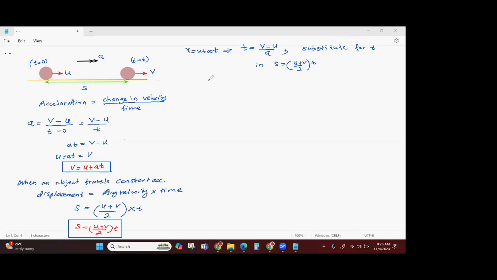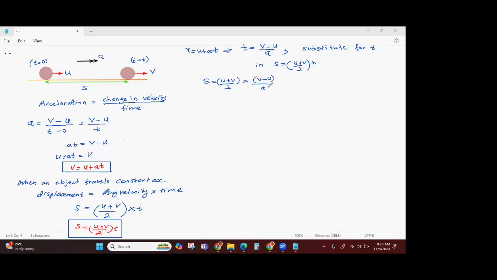So then I get s equals u plus v divided by 2 times time. Now t is equal to v minus u over a, right? Simply in this equation for time, I'm substituting v minus u over a. Is that clear? Okay.